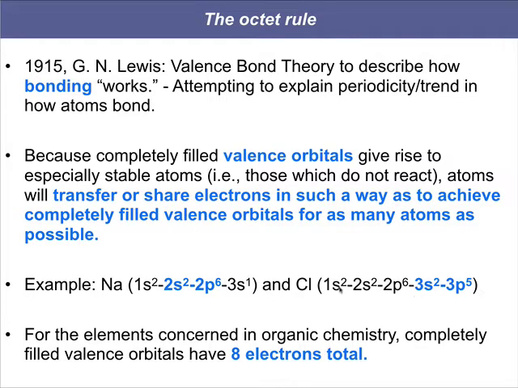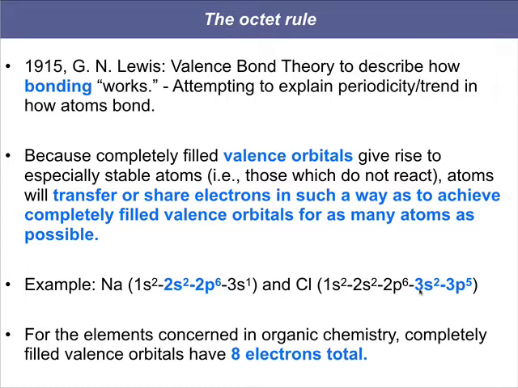We have 2 ions that are very stable, and as a result of transferring that electron and giving us charge, those 2 particles will stick together as Na+ Cl-, and that is an ionic bond, okay? And the driving force, the motivation of sodium and chloride to transfer that electron, is simply to achieve a full outer shell with 8 electrons.